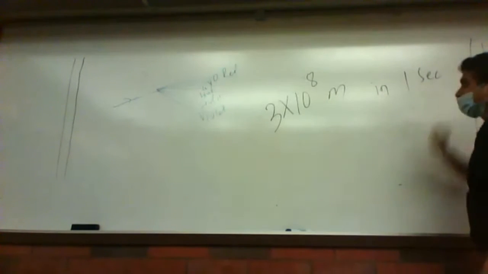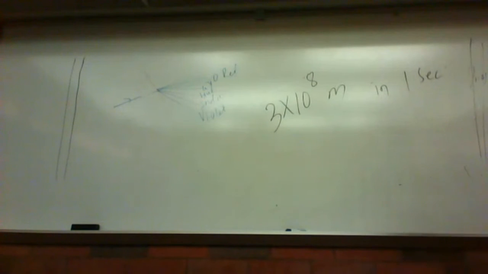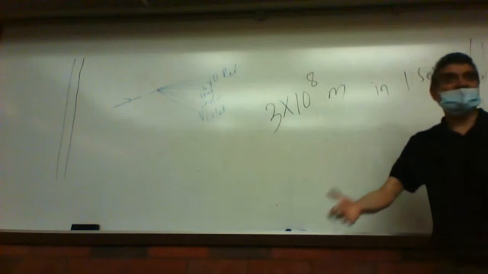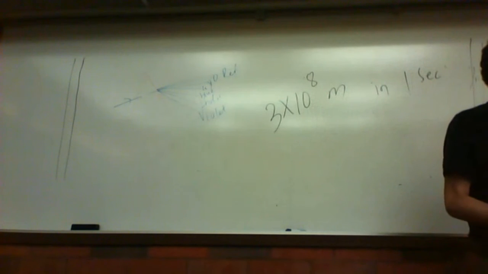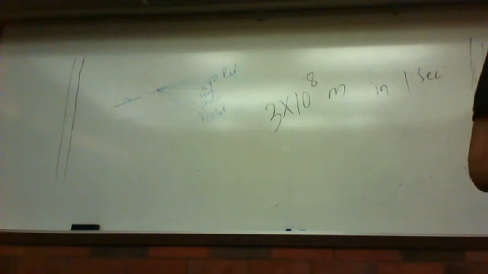If you have a stopwatch, count the 1 second. So how much does light or any electromagnetic radiation travel? 3 multiplied by 10 to the power 8 meters in 1 second. Make sense? So all electromagnetic radiation has the same speed, that is 3 multiplied by 10 to the power 8 meters per second.